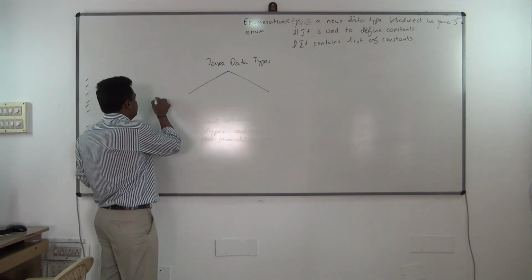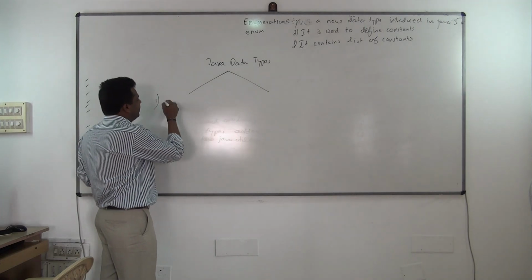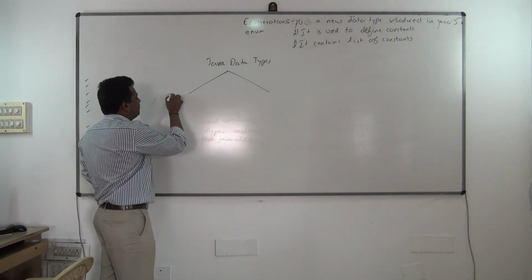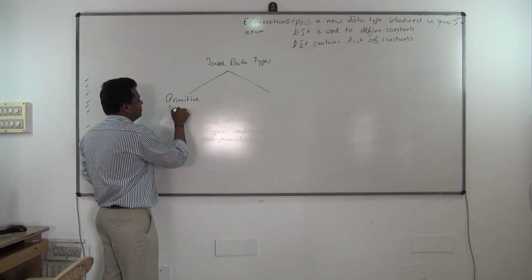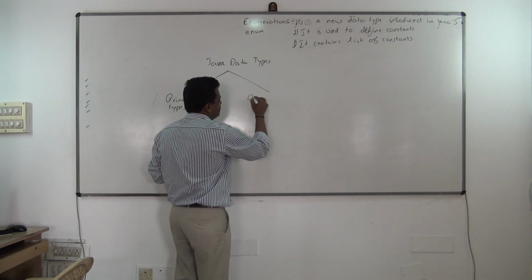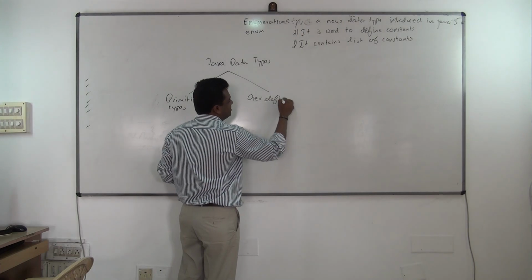First one in Java data types: it gives you support for 2 types of data types, primitive types as well as user defined types. I'm just broadly classifying it.